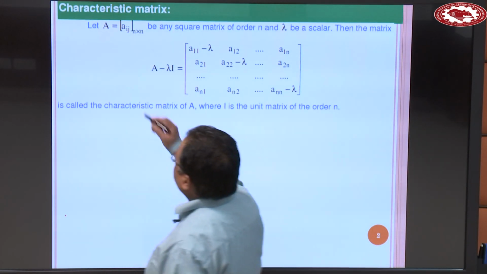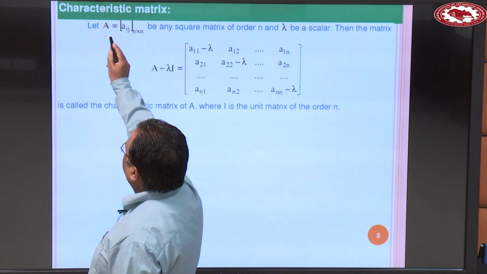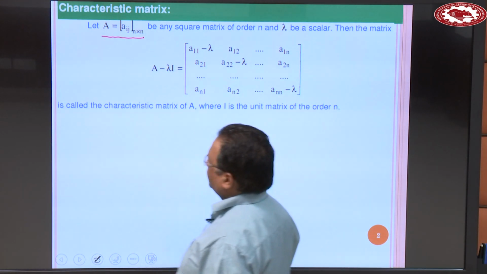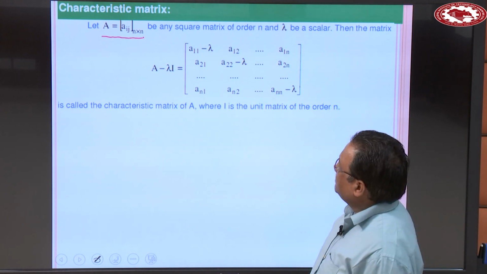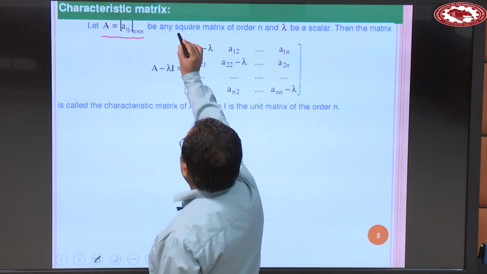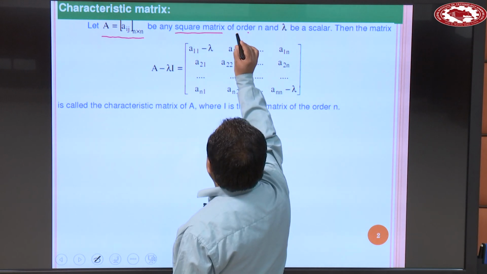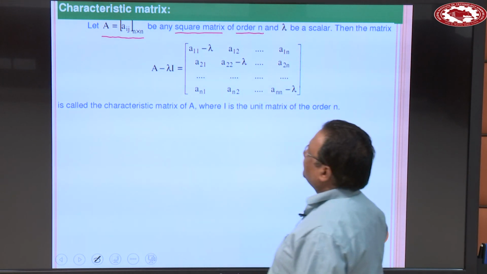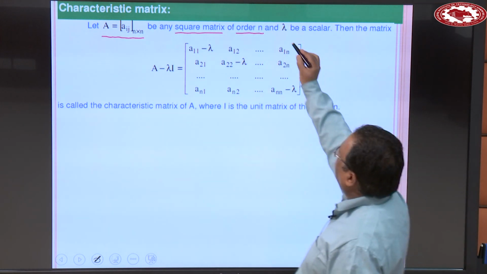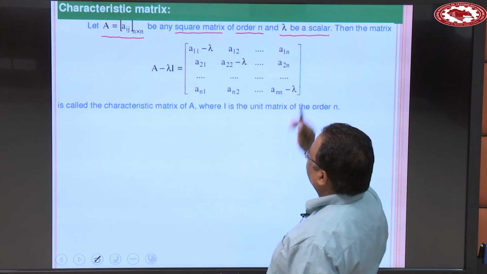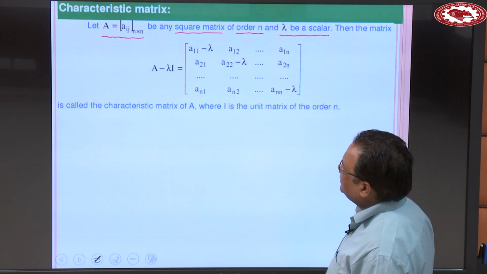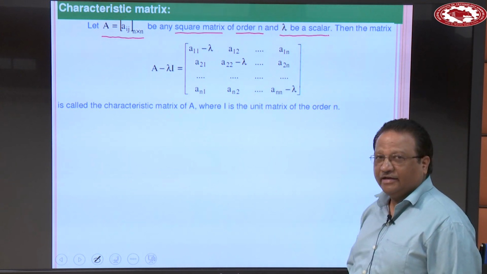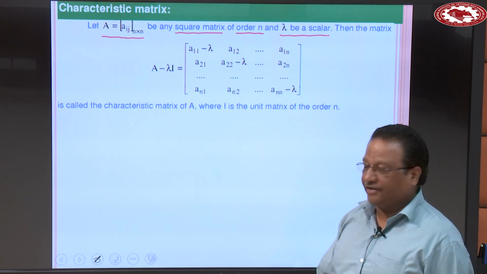Let A equal A_ij, n by n, be any square matrix of order n, and let lambda be a scalar.